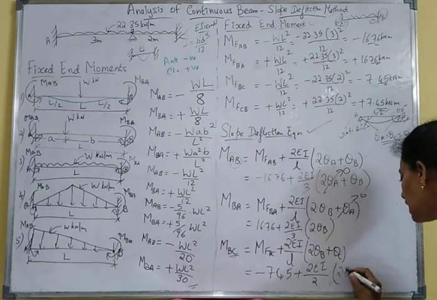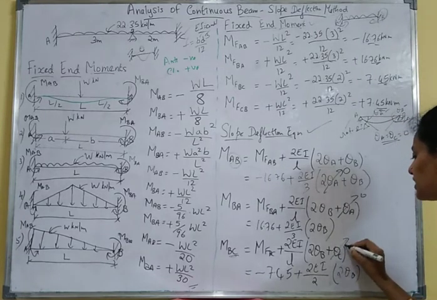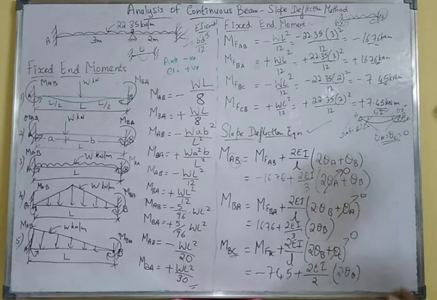So 2 times theta B; theta C again is a fixed end, so theta C is 0.